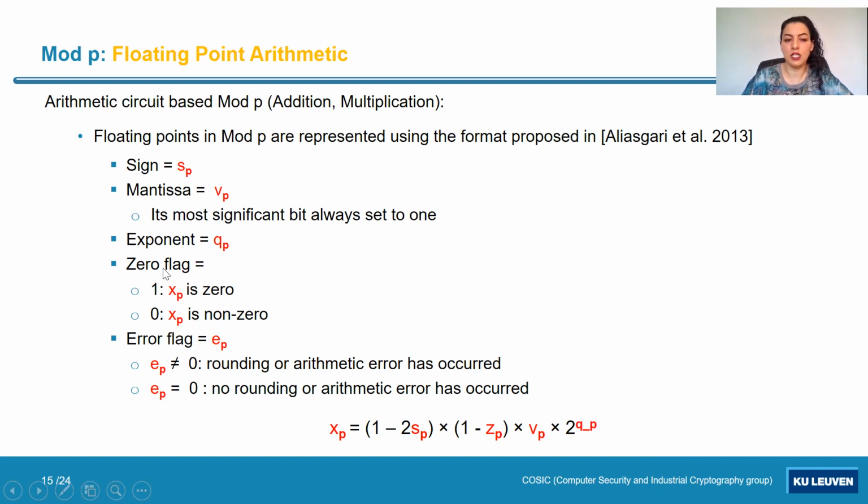If the zero flag is 1, it means the number is 0. If the zero flag is 0, it means the number is non-zero. When the error flag is 0, we do not have any error in our computation. But if it is non-zero, we have an error. And here is the representation.